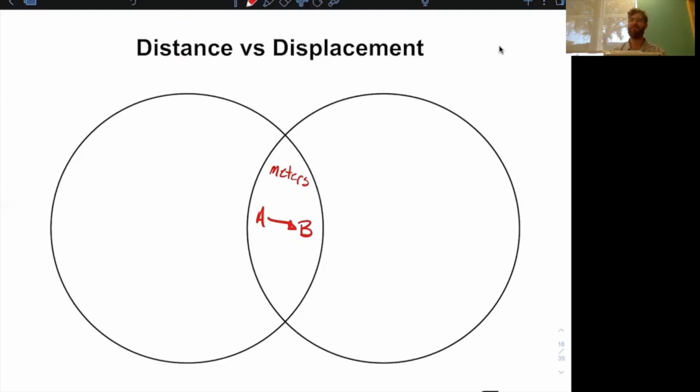So what's the difference between these two things? Well, distance, if I wanted to go from spot A to spot B, is the path that we travel to get from A to B, right?